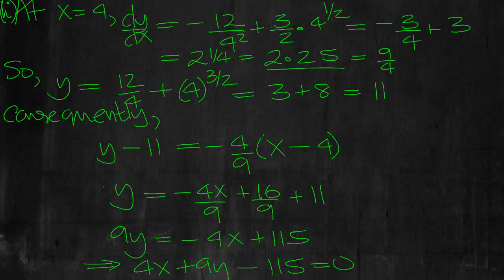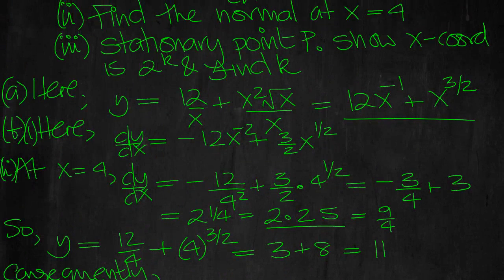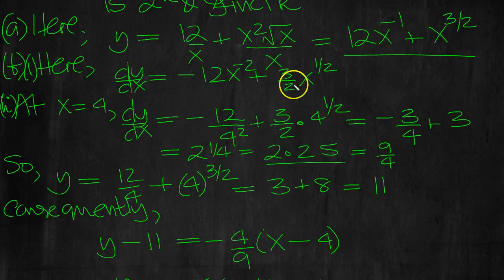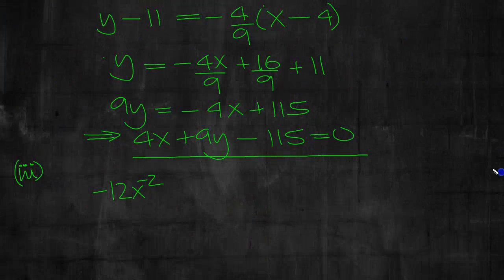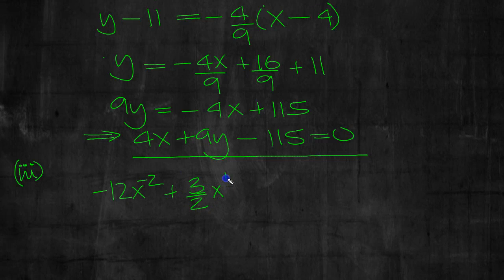So I'm just going to copy it down from above. d by dx, that. Plus 3 over 2 x to the half. Let it equal 0. So this moves over there.